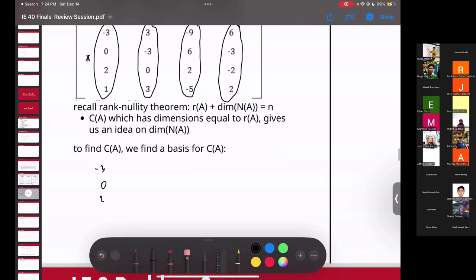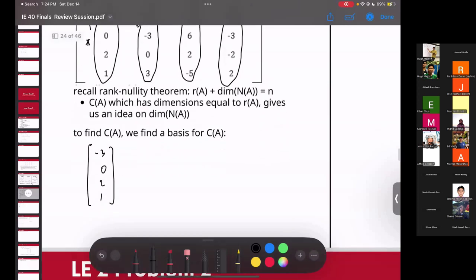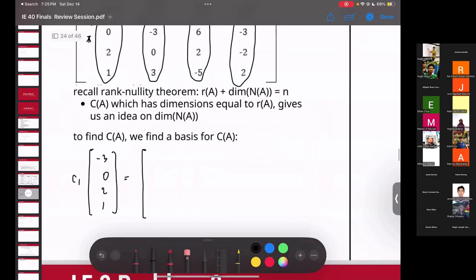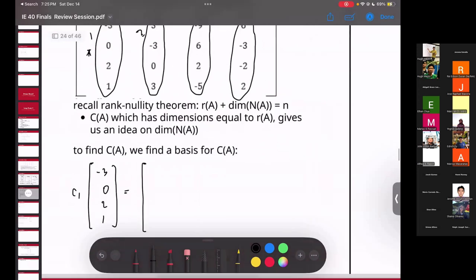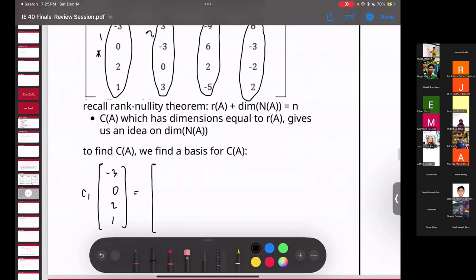So the first thing we want to check is, is this vector independent? I'll number them. Is vector 1 independent from vector 2? To check that, there must be no C1 that exists. So when you multiply C1 to the vector, there should be no C1 that can possibly quote-unquote get you from the first vector to the second vector.